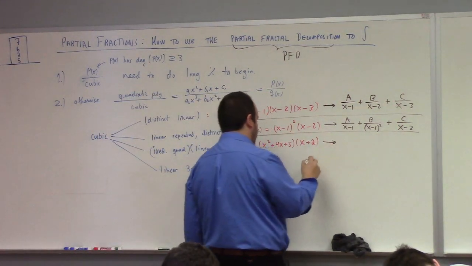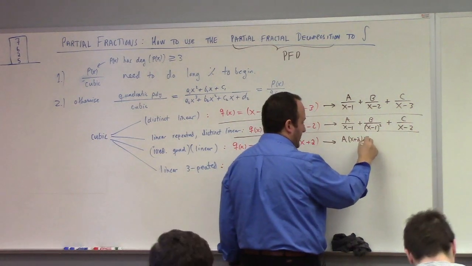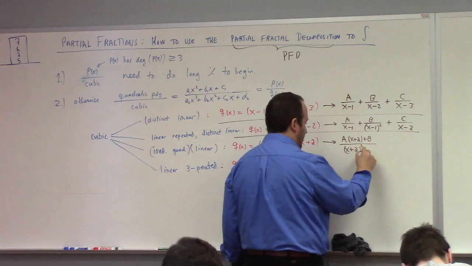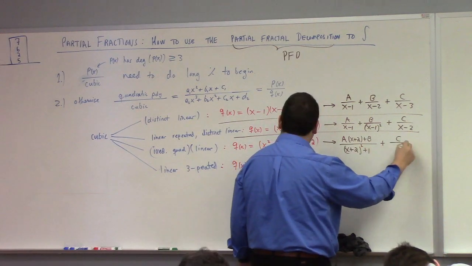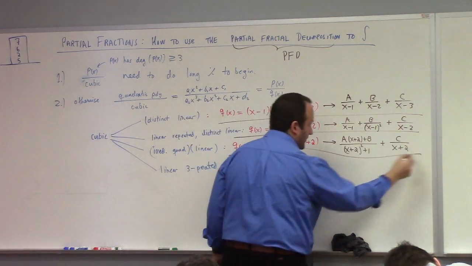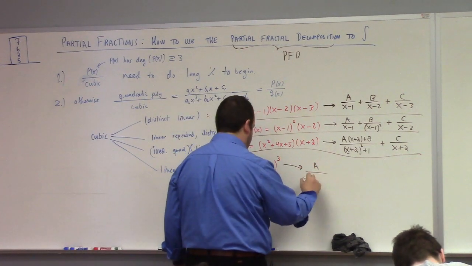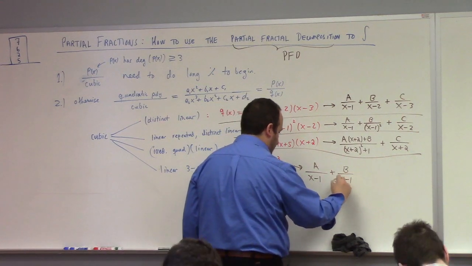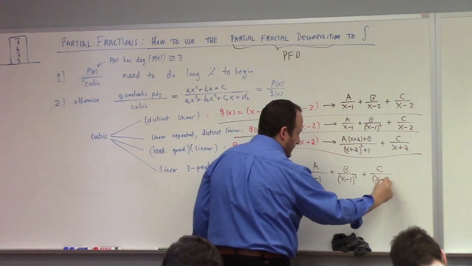For this one, I would do something like a times x plus 2 plus b over x plus 2 squared plus 1. That's the irreducible quadratic there. Plus c over x plus 2. For this one, the partial fractions decomposition is a over x minus 1 plus b over x minus 1 squared plus c over x minus 1 cubed.